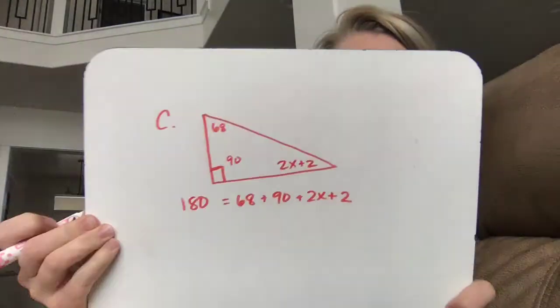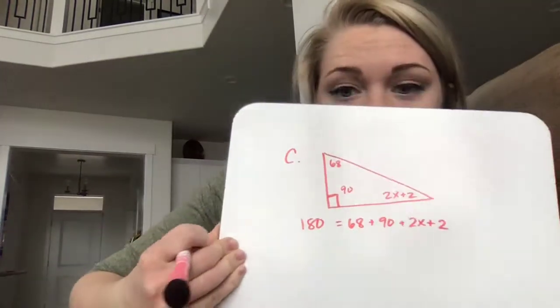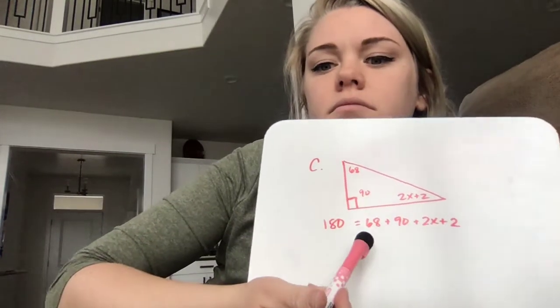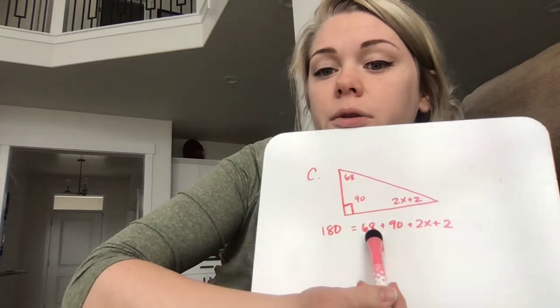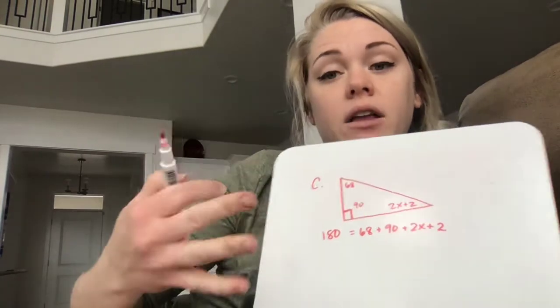So now I'm going to make my equation. 180 equals all three angles inside added together. So I have 68 plus 90 plus 2x plus 2. Okay? So, now I gotta find my like terms. There's only one number with x, but there are three other numbers. So I'm going to add all those like terms together.